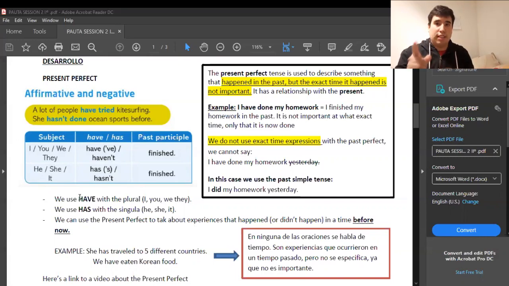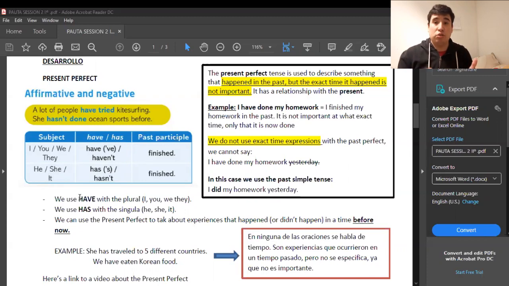So, for example, if I want to talk about something I did, I will be using I. Therefore, I need to use the auxiliary verb have. I have read a book. On the other hand, if I want to talk about something my dad did, my dad can be replaced by the third person pronoun he.